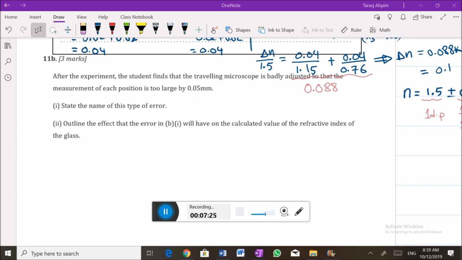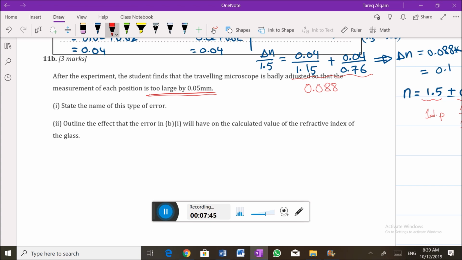After the experiment, the student finds that the traveling microscope is badly adjusted so that the measurement of each position is too large by, focus on this, too large by a fixed value, 0.05. What does this mean?